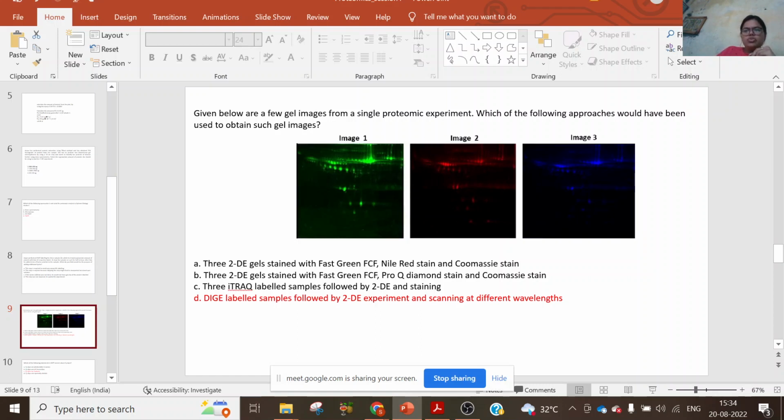Which of the following approaches would have been used to obtain such gel images? Option 1: 2DE gel stained with fast green, Nile red stain, and Coomassie stain. Option 2: stain with fast green FCF, Pro-Q Diamond, and Coomassie stain.